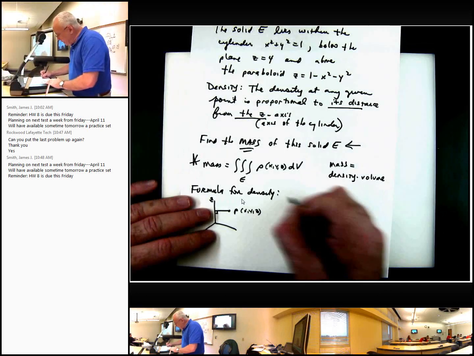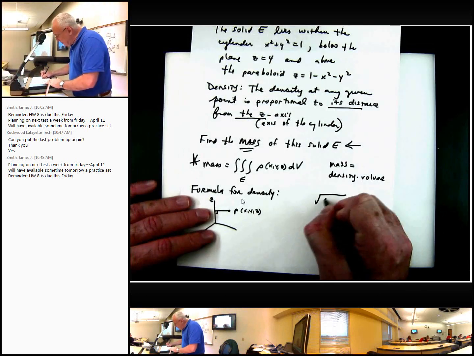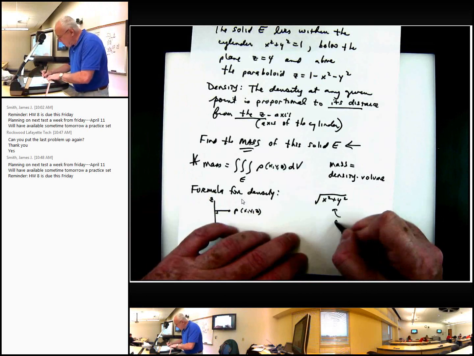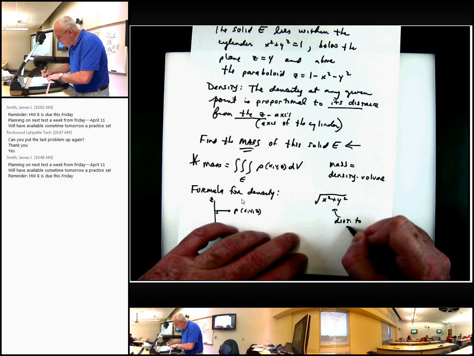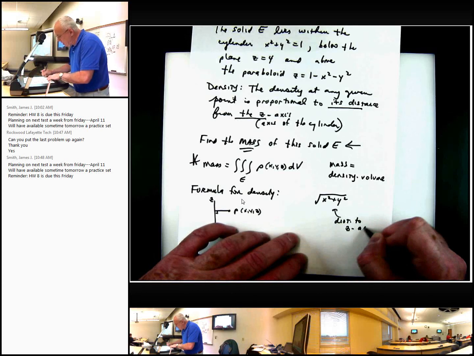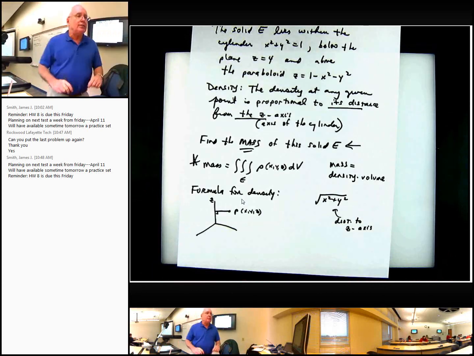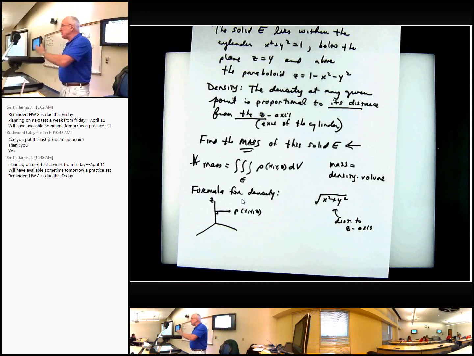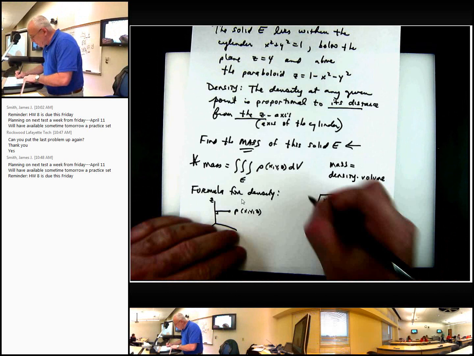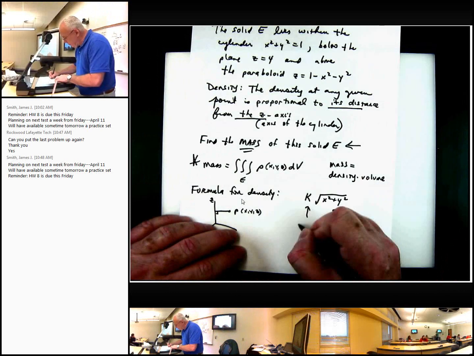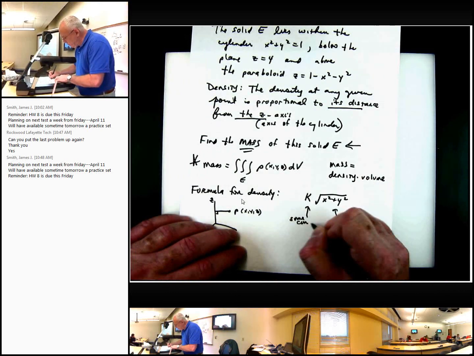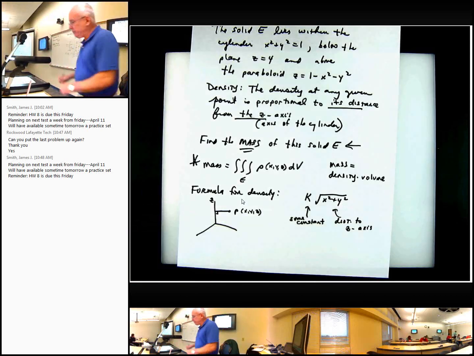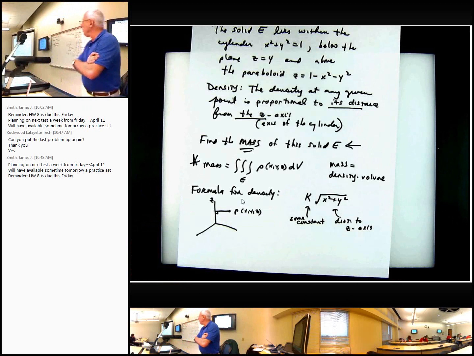So basically our density has the distance to the z-axis, the square root of x squared plus y squared. But remember, it's proportional. That doesn't mean it's exactly equal to that. It's some constant times that. So let's just put it as a constant k. That's going to be our density from what we're given.